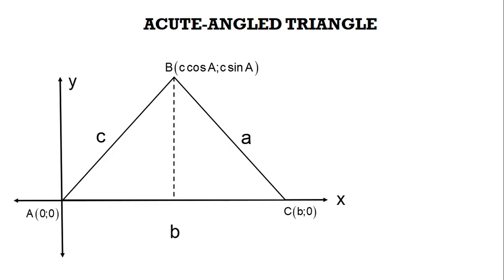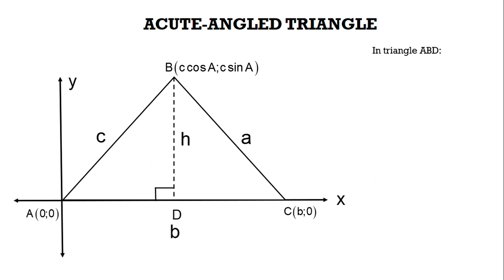Without this line, your proof will collapse. So it's very important that you indicate this in your diagram. Of course, it is perpendicular to the x-axis. Now you can label your dotted line h, which stands for vertical height or perpendicular height, and then you can label the end of that line as point D.